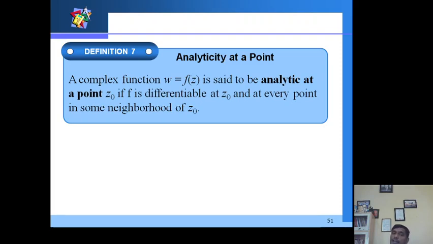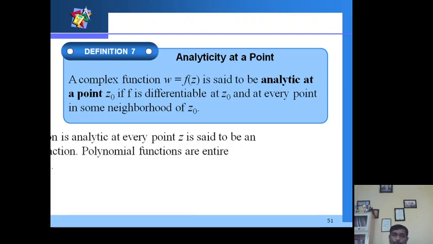Analytic means any complex function w is equal to f of z is said to be analytic at some point z naught if f is differentiable at z naught and at every point in a neighborhood of z naught. Wherever the point is, its neighborhood is also differentiable. Then only we say that it is analytic.